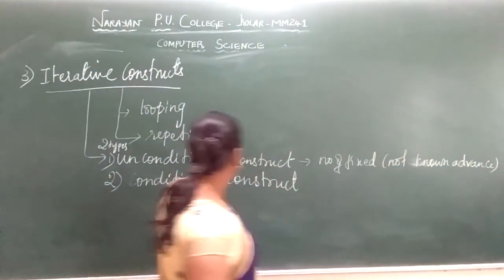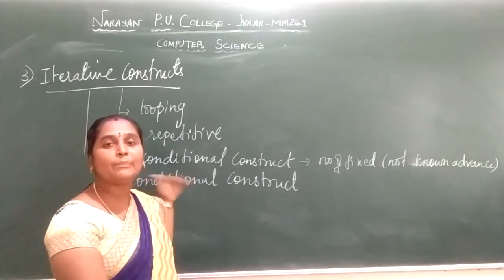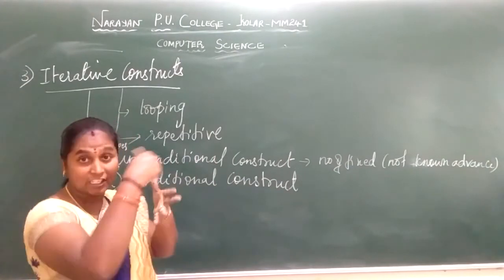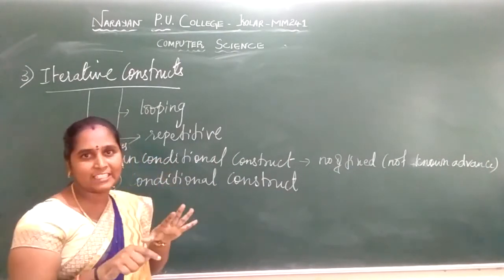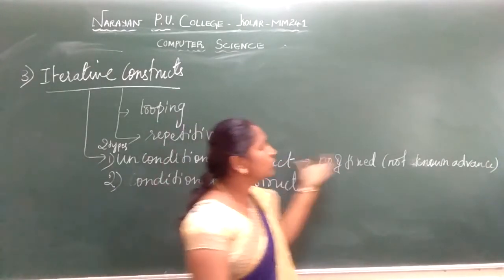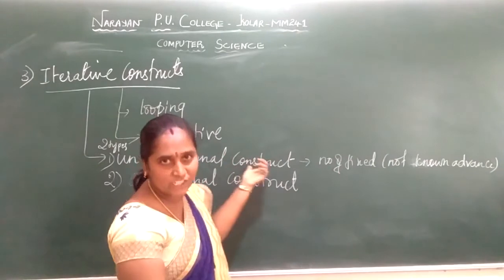A set of statements is repeatedly executed until the condition is satisfied, and until then you keep on executing the set of statements. But the number of times, you don't know in advance. Such a construct we call the unconditional construct.